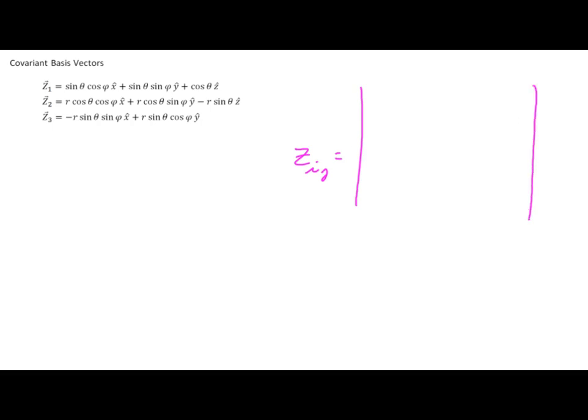Okay, first thing we'll do is take the dot product of Z1 with itself. That means squaring each factor and adding it all together. So we have sine squared theta cosine squared phi. Second term squared is sine squared theta, sine squared phi.